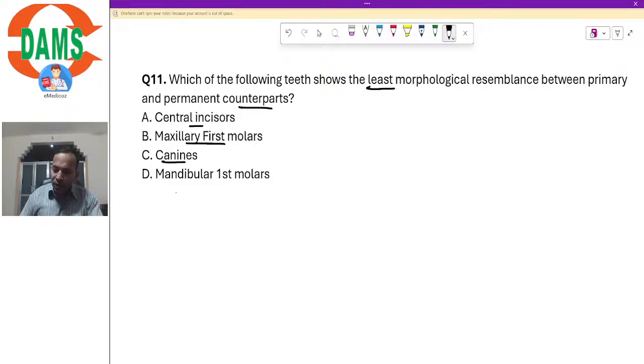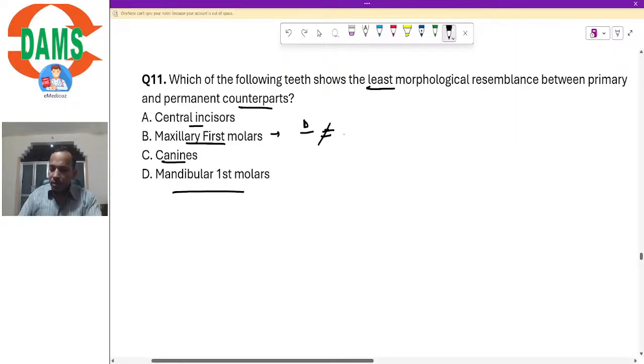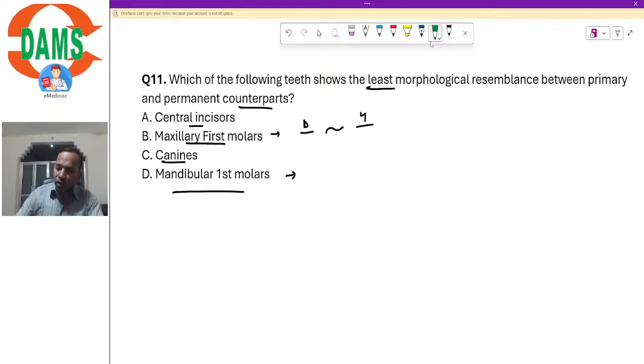Maxillary first premolar and mandibular first premolar. Now, maxillary first premolar, we have said that it almost resembles first premolar, whereas the mandibular first molar is an atypical tooth.